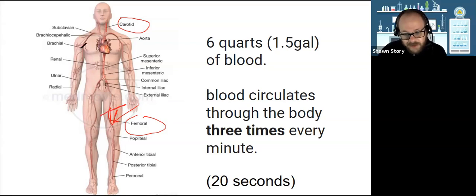And then the ones in the arms as well, the brachial arteries. We have our brachial arteries, our carotid artery, femoral arteries, our radial artery, somewhat on the inner side of our wrist. So these are a type of arteries.